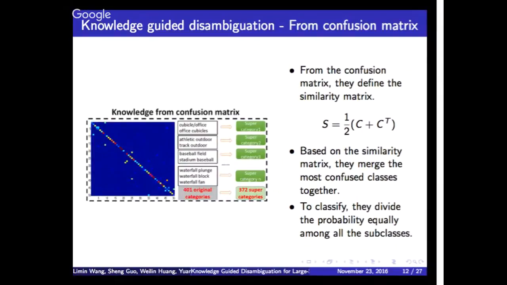I mean, I don't know if they get a superclass A, and in the second iteration they merge that superclass A with another class so that you have a taller hierarchy. They don't give the example here, but it seems much more simple. At least what is written here is that instead of having 400 categories, you have 372 categories where some of them are combinations of categories.